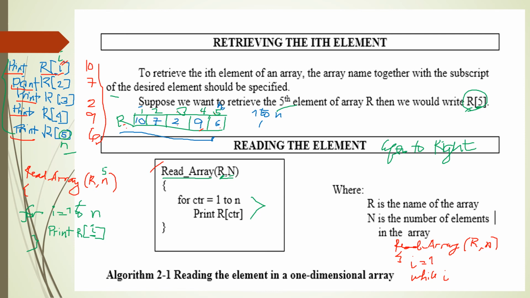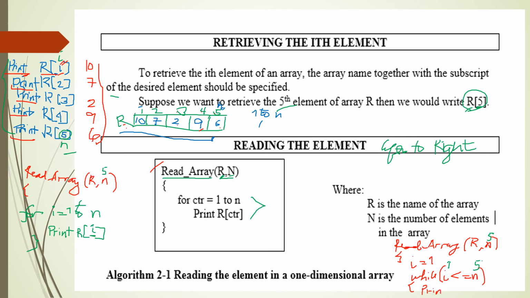So I is equal to 1, while I is less than or equal to N. So that means our I goes from 1 until it reaches 5, if my N is 5. Okay? So, while this condition is true, anong gagawin? Sabi, print. Ulit-ulit yung print. So, print will be enclosed inside the while loop.